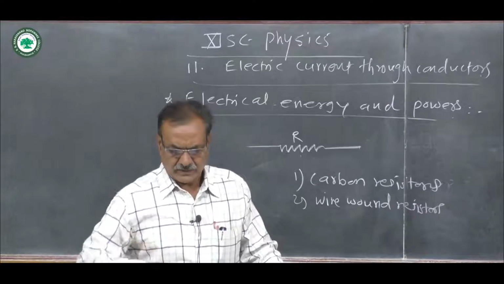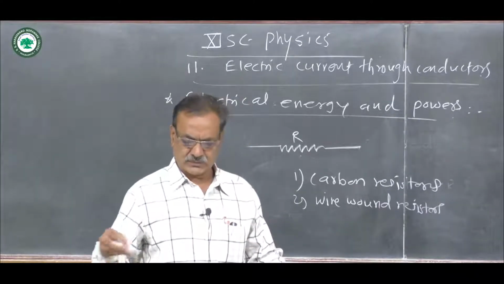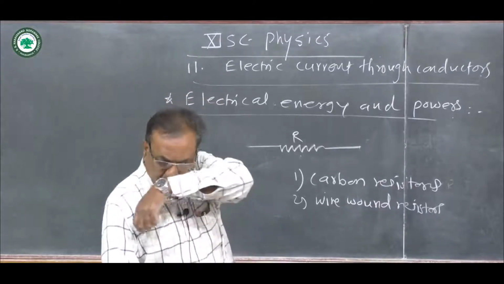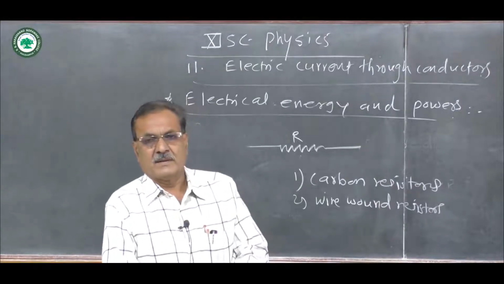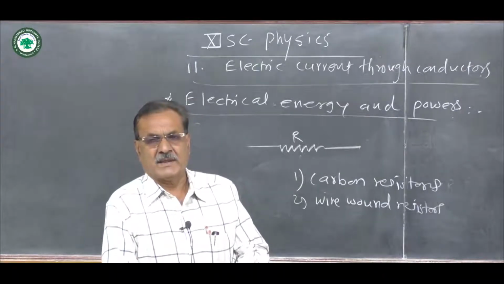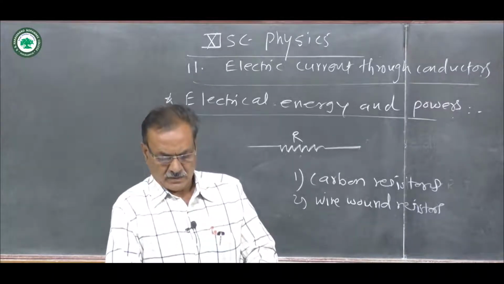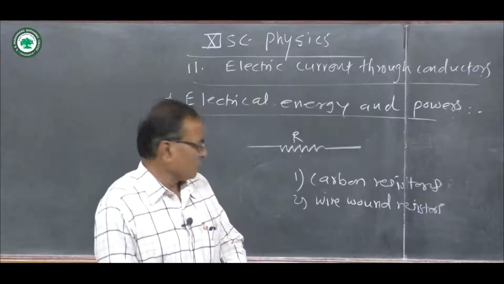Only the carbon resistors are used. The size of carbon resistors is small, and it is also inexpensive, that is, it is much cheaper than the wire wound resistors.